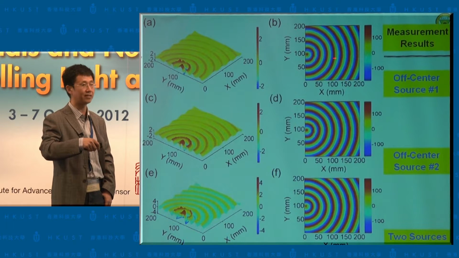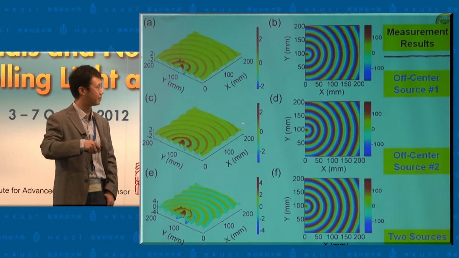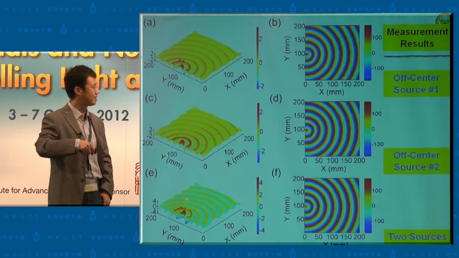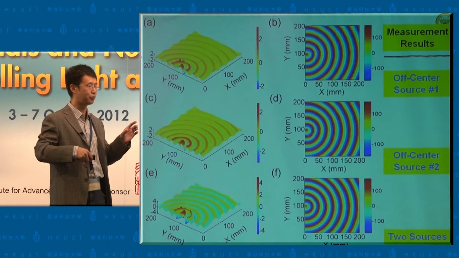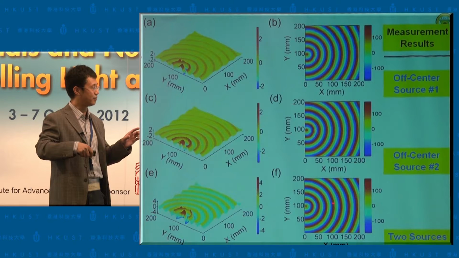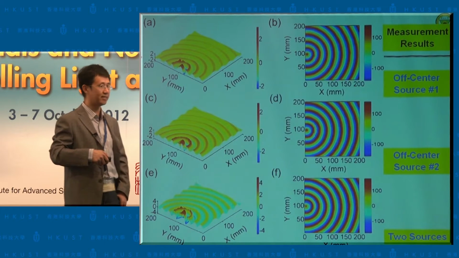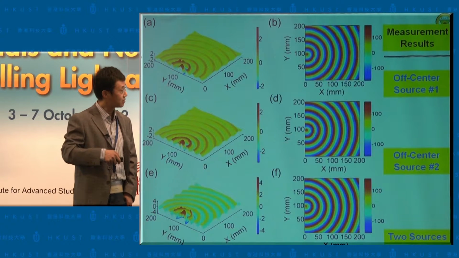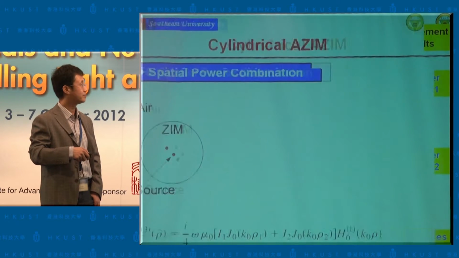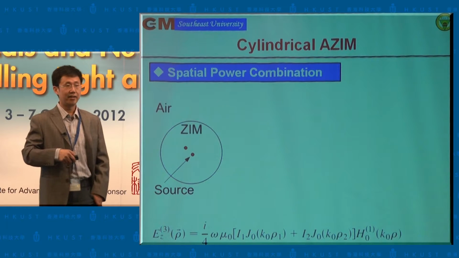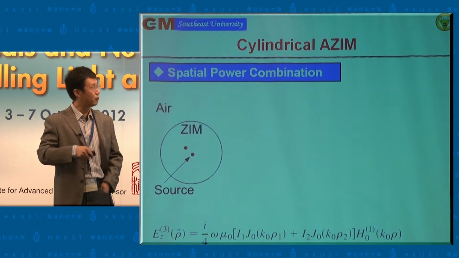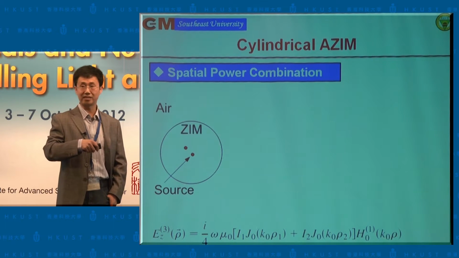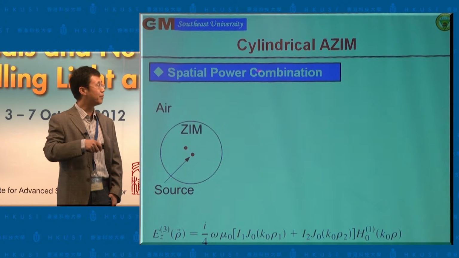We can see a perfect cylindrical wave is observed. This is another position. This is when two sources are placed together. Then we notice that in all cases a perfect cylindrical wave is observed.